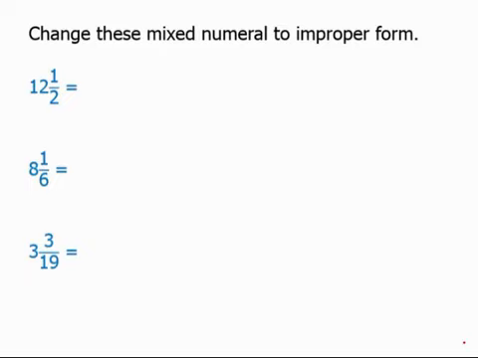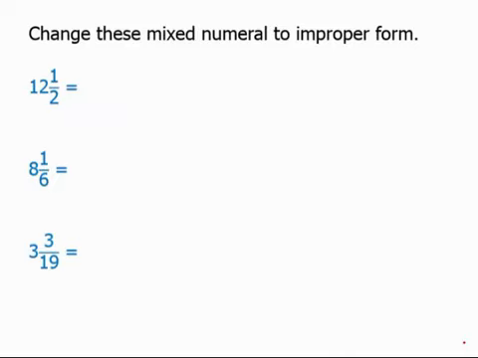Change these mixed numerals to improper fractions. Again, pause the video, work on these on your own, and then we'll talk about these. Okay, the way we do this is thinking about it in terms of fraction addition, because technically between that integer and that fraction in each mixed numeral is an implicit addition sign.